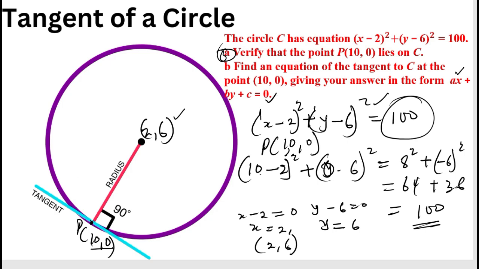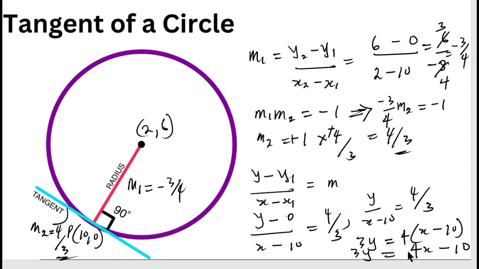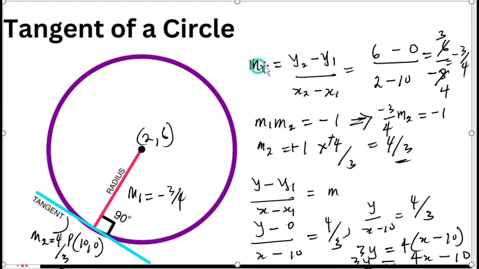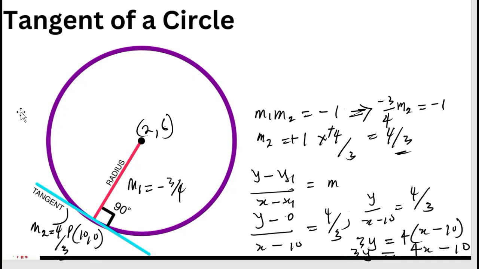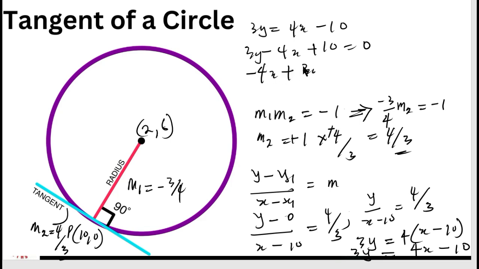So we have 3y equals 4x minus 40. Then 3y minus 4x plus 40 equals 0. Let me rearrange it again: minus 4x plus 3y plus 40 equals 0. Here is the required format.